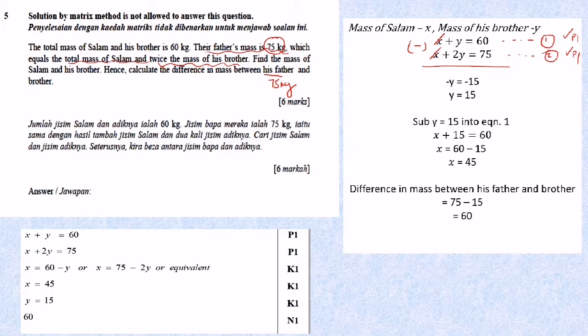So for this one, negative Y equals negative 15, 1 mark, and Y equals 15, 1 mark, S equals 45, another mark, and the final answer 1 mark. So total is 6 marks.